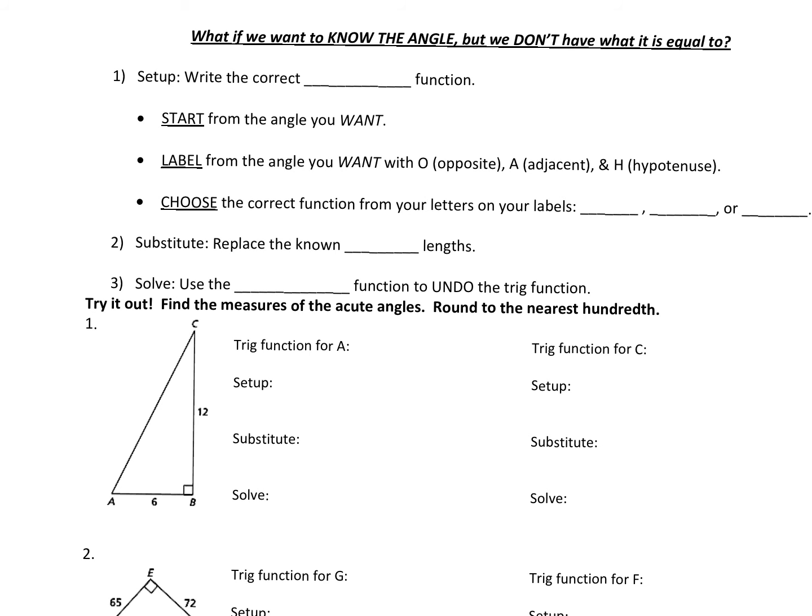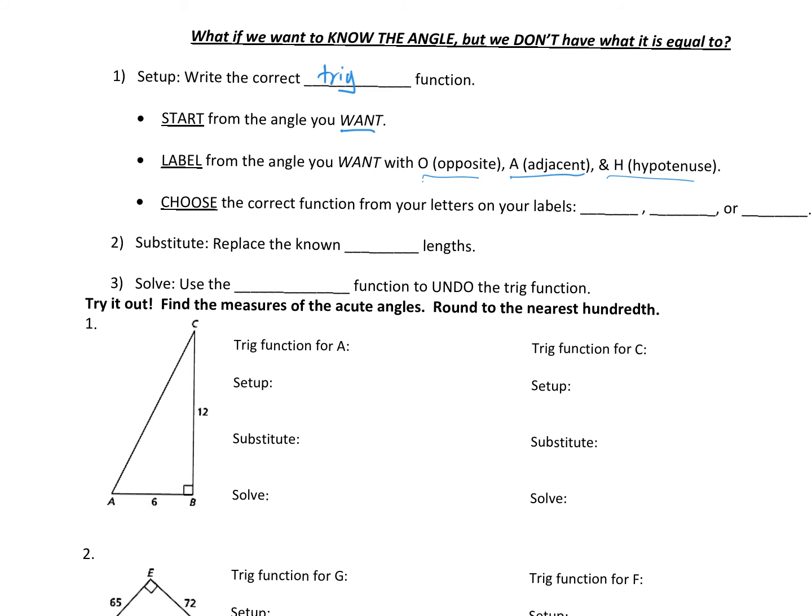What if we want to know the angle, but we do not have what it is equal to? First, we want to set it up to write the correct trig function. So we don't know exactly what we want. We start out with the angle you want and label from that angle: opposite, adjacent, hypotenuse, OAH.